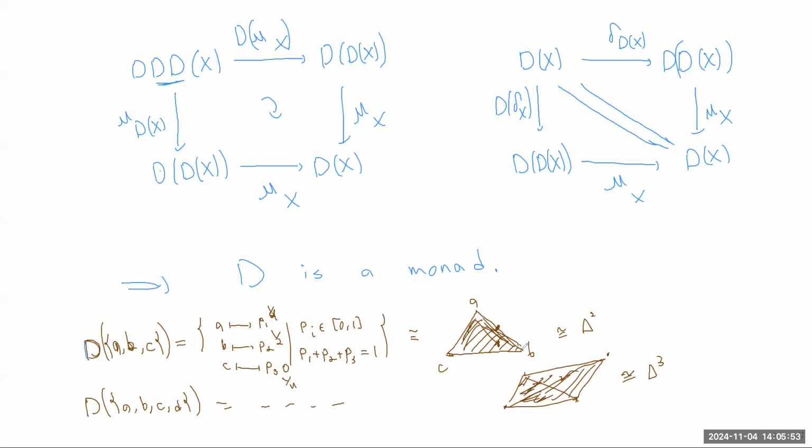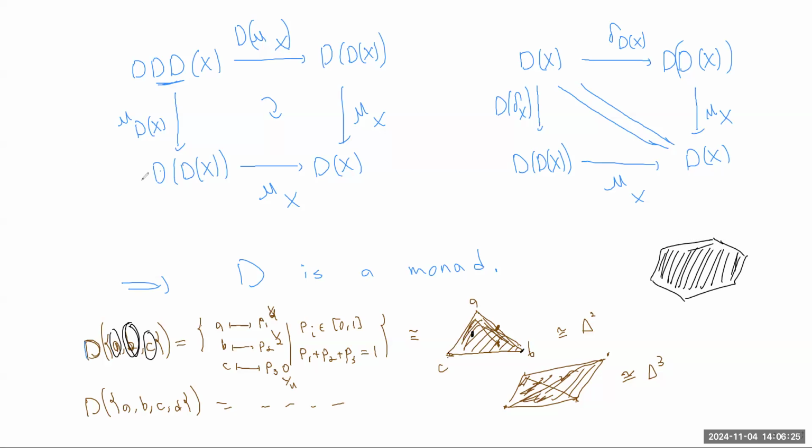Why is it free? Because everything is independent, it's generated by these vertices freely. Every point here can be written uniquely as a convex combination of this and this and this, not in one way. But let's say this also is a convex set. This set is a convex set.